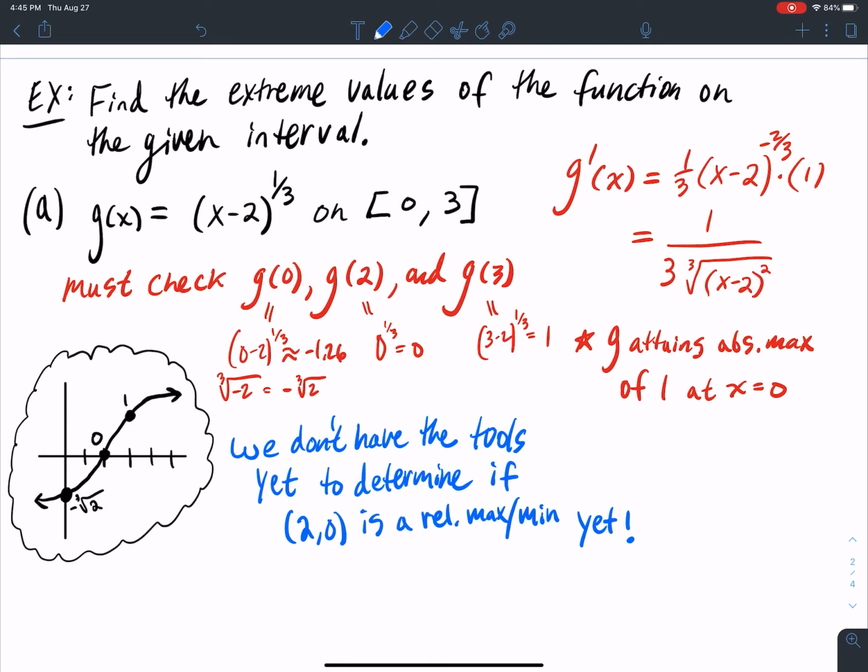All right, so g attains an absolute maximum. It's actually at 3. So this is an x value of 3 here. Better correct that on my notes. Make sure I don't do that again. All right.